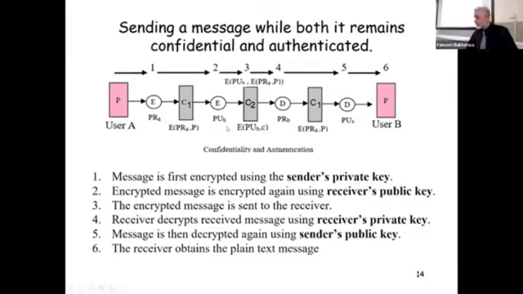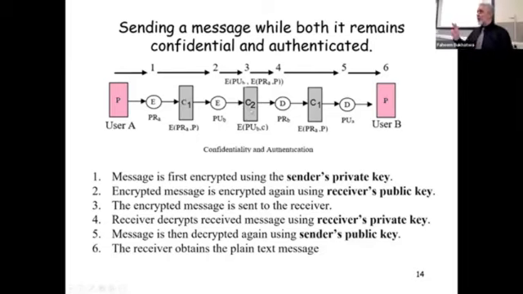So we encrypt it first using the private key of the sender, then followed by the public key of the receiver, and send it out, and this is now the ciphered message. This is the first cipher, C1, and then ciphered again, C2.